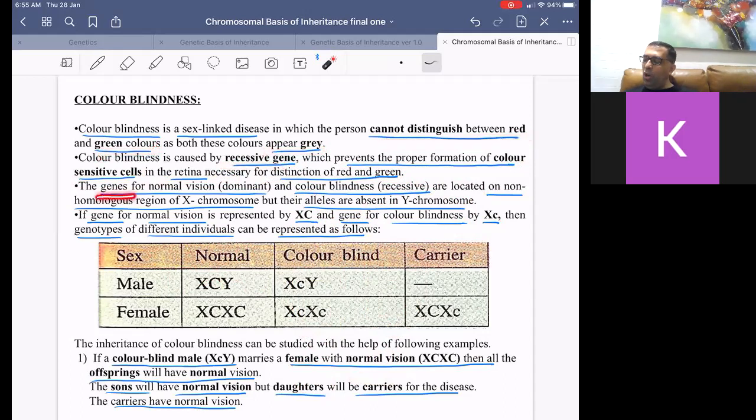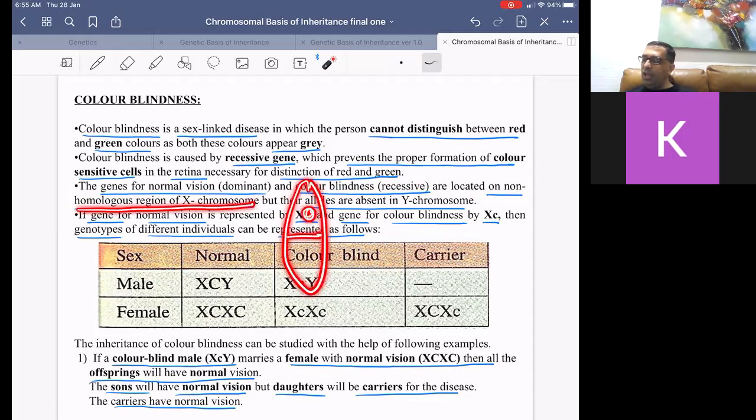Genes for normal vision are dominant and the colorblind gene is recessive. So the normal iodopsin gene is dominant, and the colorblind gene is recessive. They are located on the non-homologous region of the X chromosome.